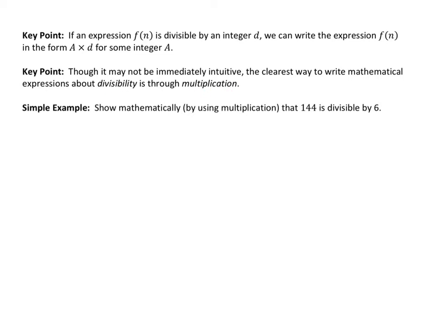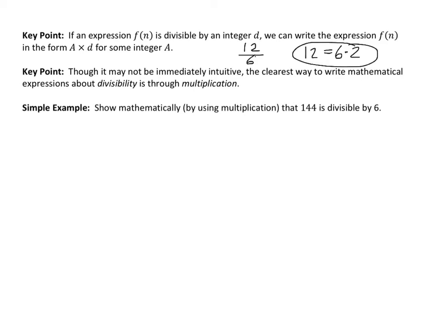So if you want to say that 12 is divisible by 6, it doesn't make sense to say 12 divided by 6. The clearest way to show that 12 is divisible by 6 is to say that 12 is equal to 6 times 2. The reason is this allows me to get an equation.